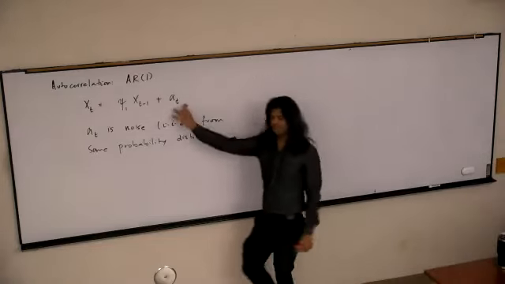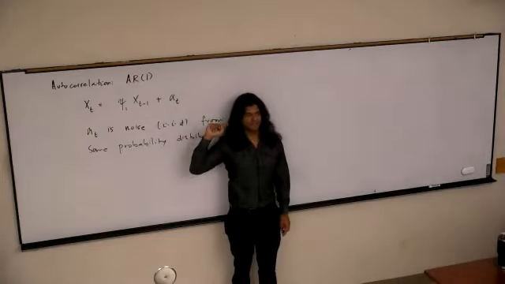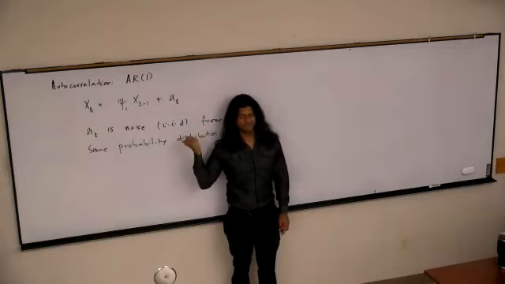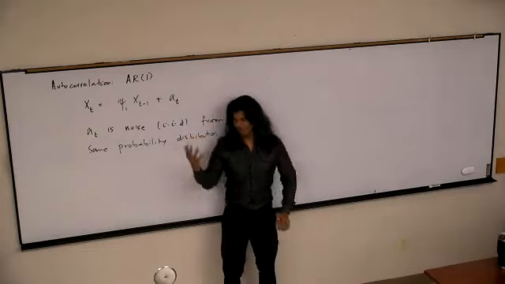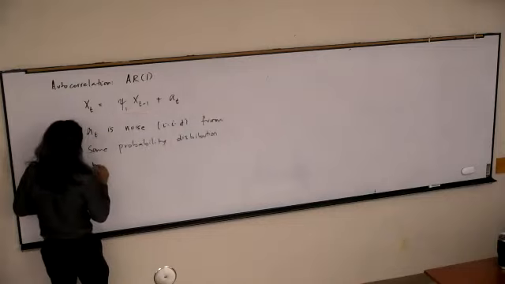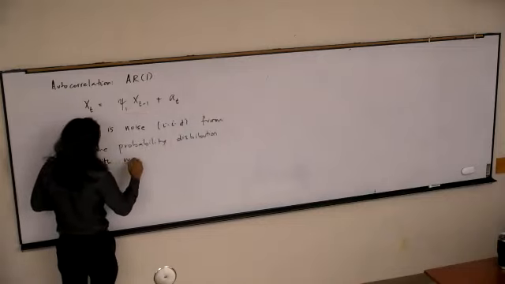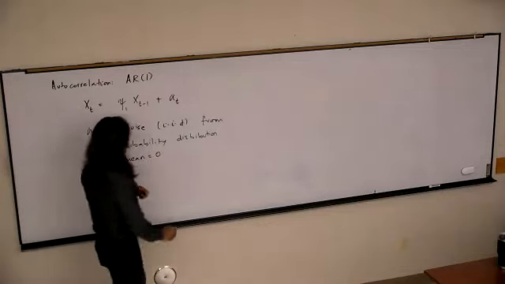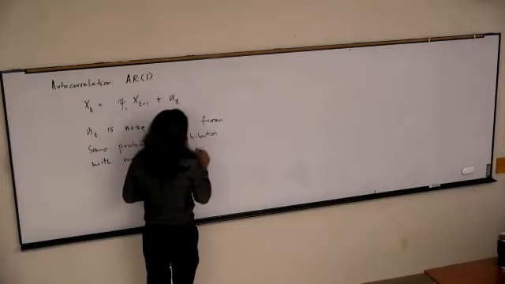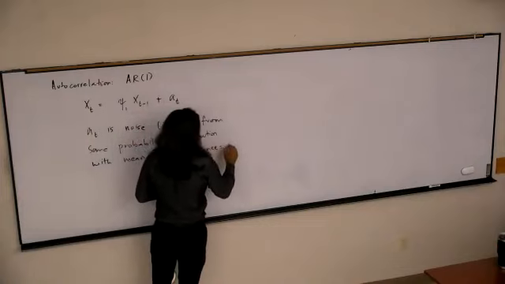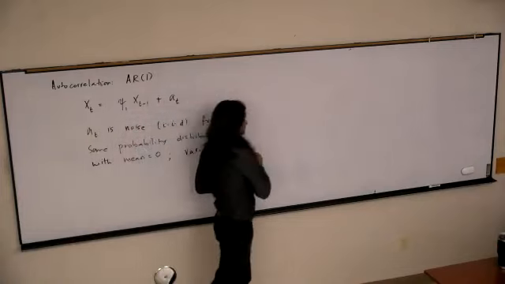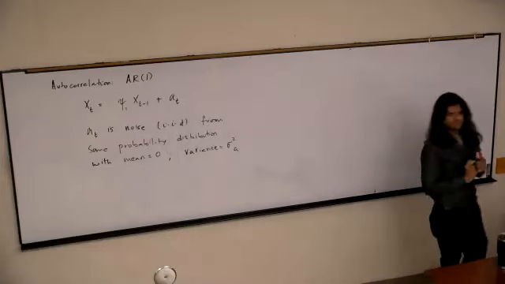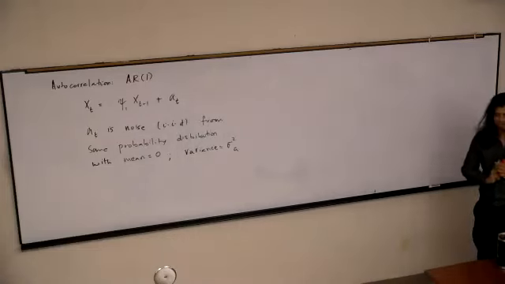We want the mean to be, what's the value? 0. And what about variance? We had a notation for it. Sigma squared A.